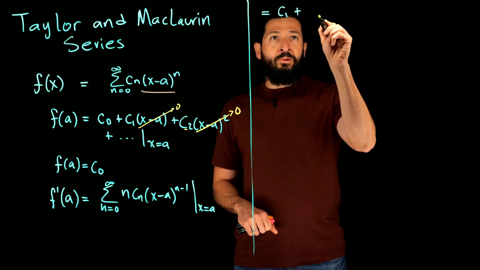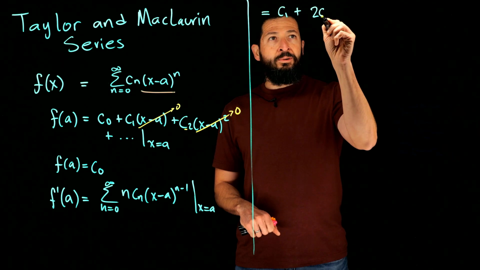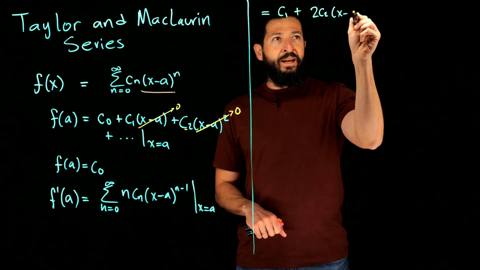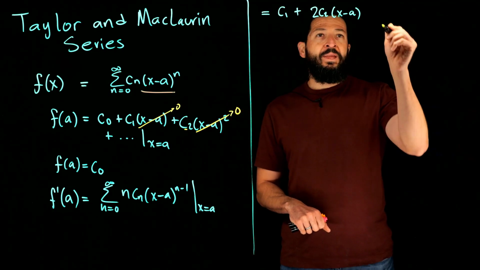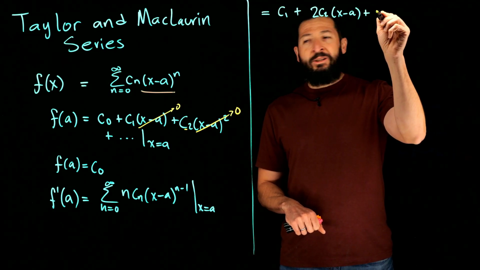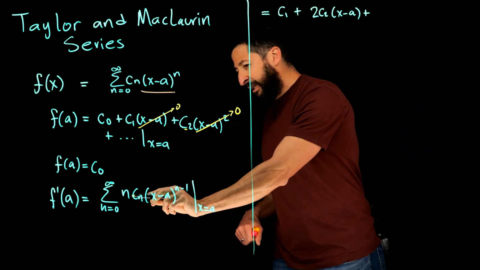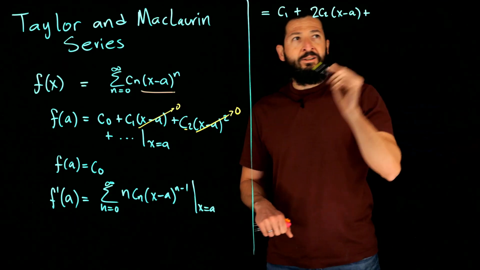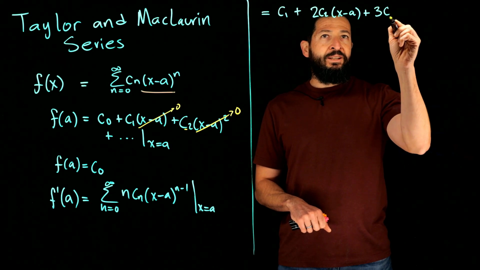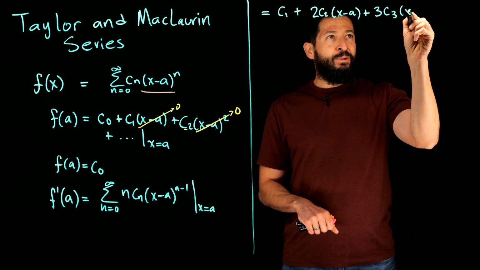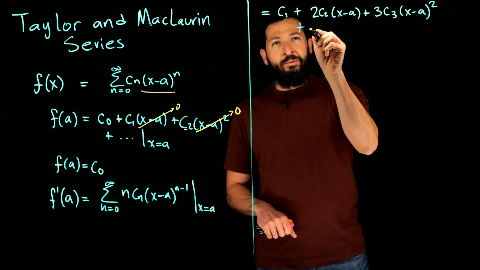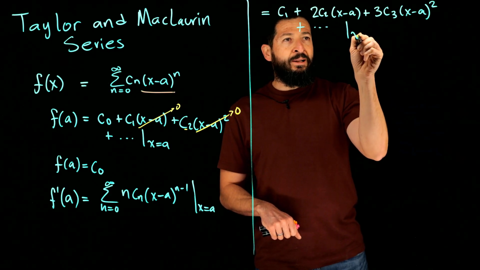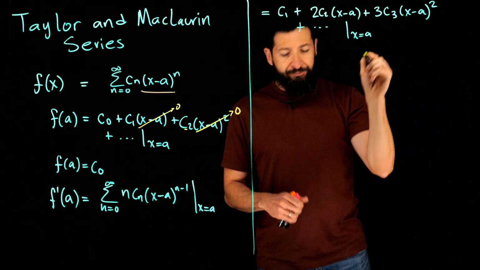When n is equal to 2, I get 2 c2, and then (x minus a) to the power of 2 minus 1, which is 1. And then the next one is going to be the value at n equals 3. So I'm going to have a 3 c3 (x minus a) to the power of 3 minus 1, 2. I'm just taking the derivative term by term. And then I'm going to evaluate that at x equals a.